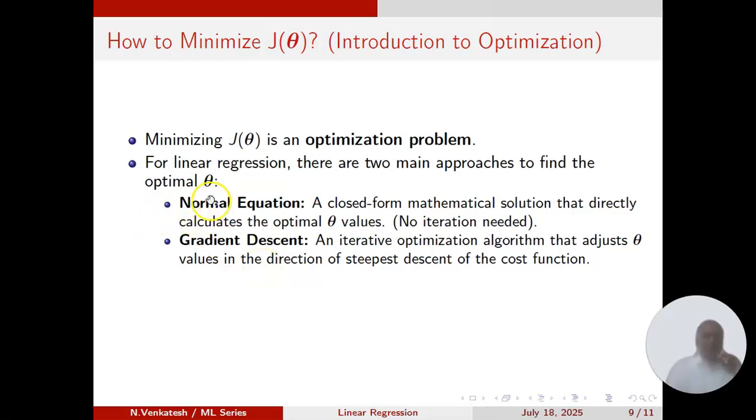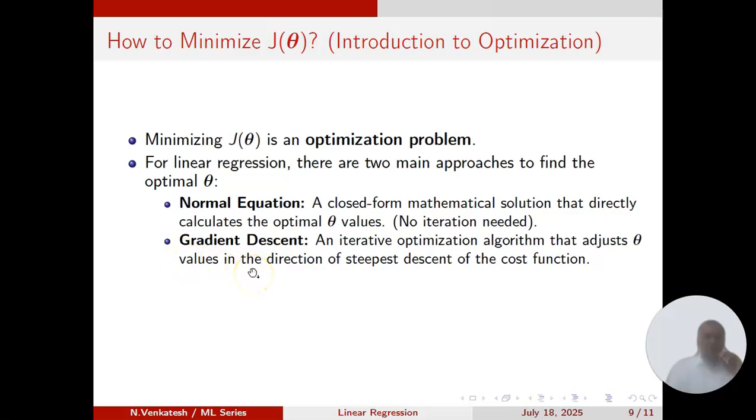By using the properties of the mean and differentiation, we can do some derivations. From that we can get a solution to the normal equations, and then we can find the theta naught, theta 1 values. That is the normal equation approach, and we will see how to derive those theta naught, theta 1 which minimize J of theta. Similarly we have the gradient descent method.